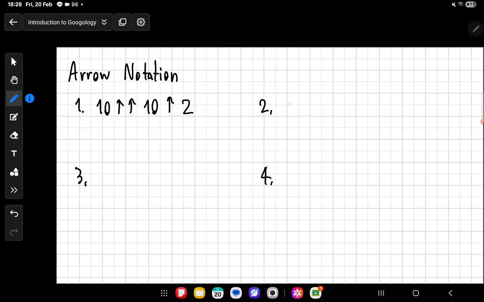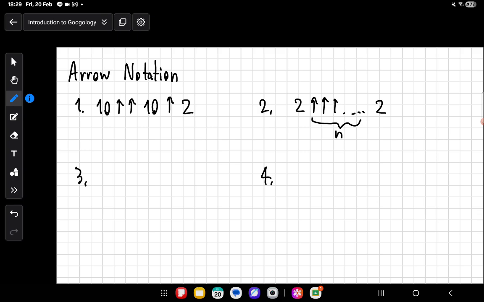Number 2, I will do it a little bit more complex. Say, 2 with n amount of up arrows to 2. What will that equal? I want you to find that too. Number 3.